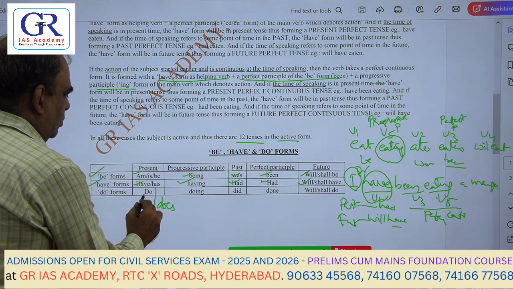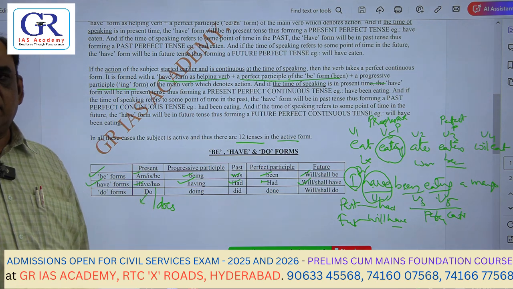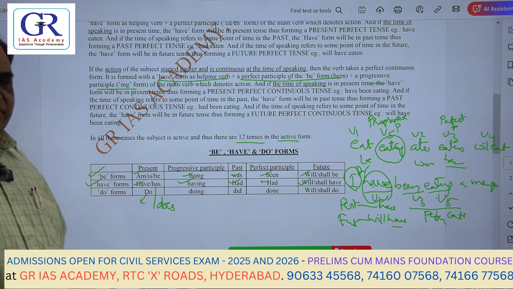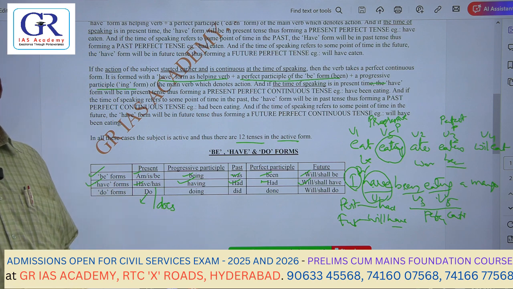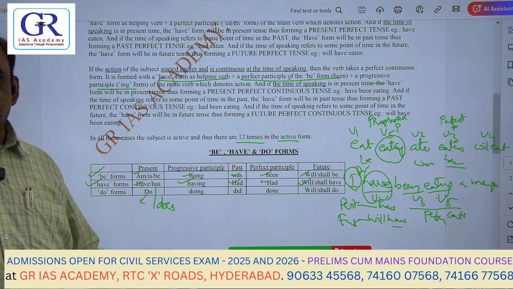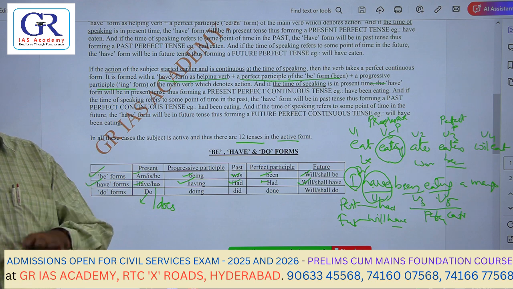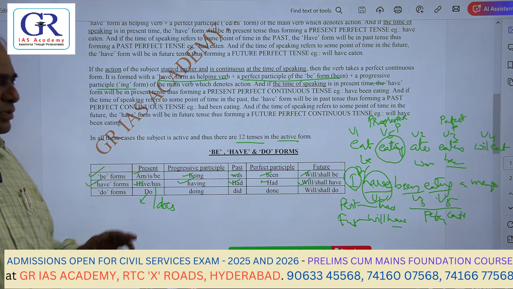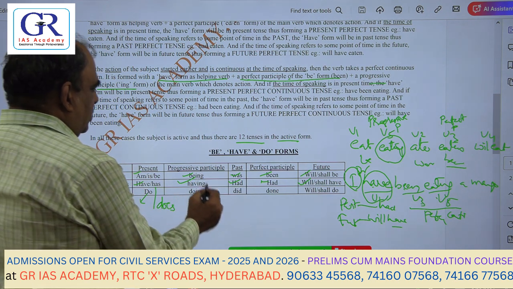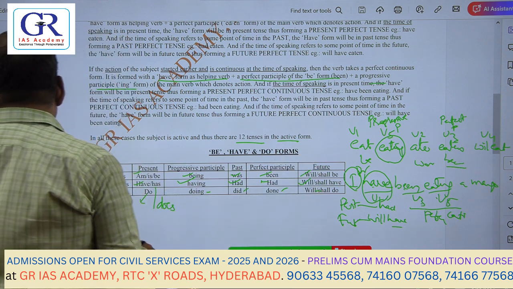Do is for I, we, you, they, and does is for he, she, it. Third person singulars. I will tell you about the personal pronouns also, then you will understand what is the difference between I, we, you, they, he, she, it. For that, progressive participle is doing, did, done, will, shall, do. Okay. Don't worry about that.